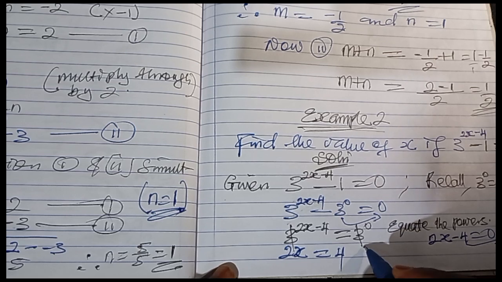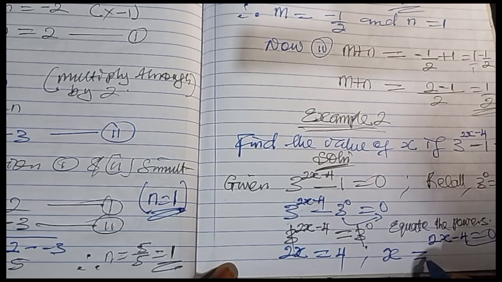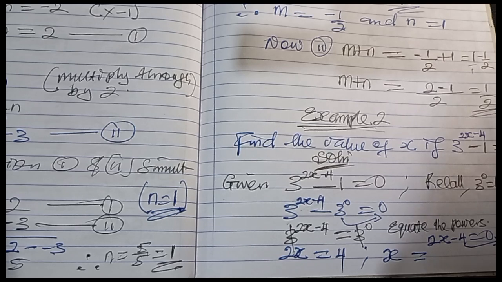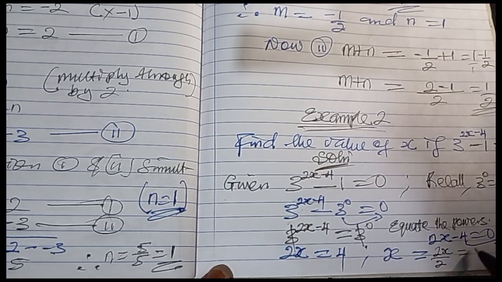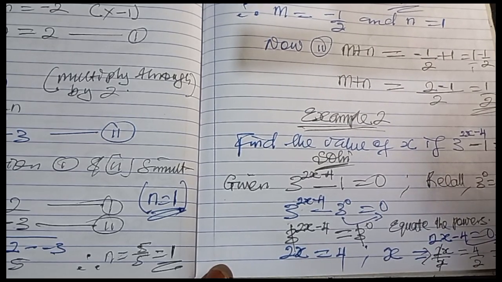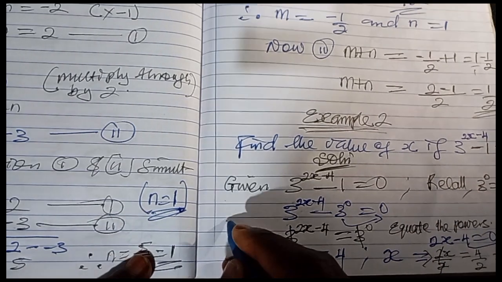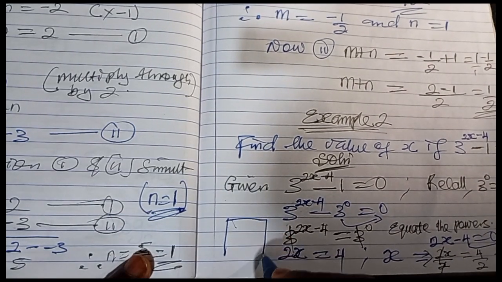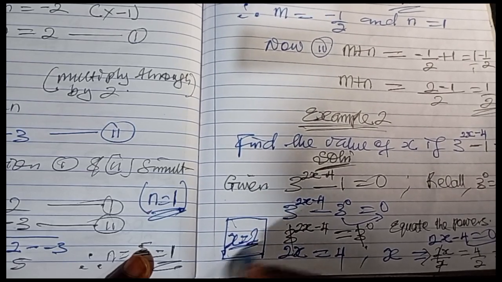So divide through by 2. X will be equal to 2x over 2 equals 4 over 2. This can now go, which is what? 2. Okay? So the value of x in this equation is 2.